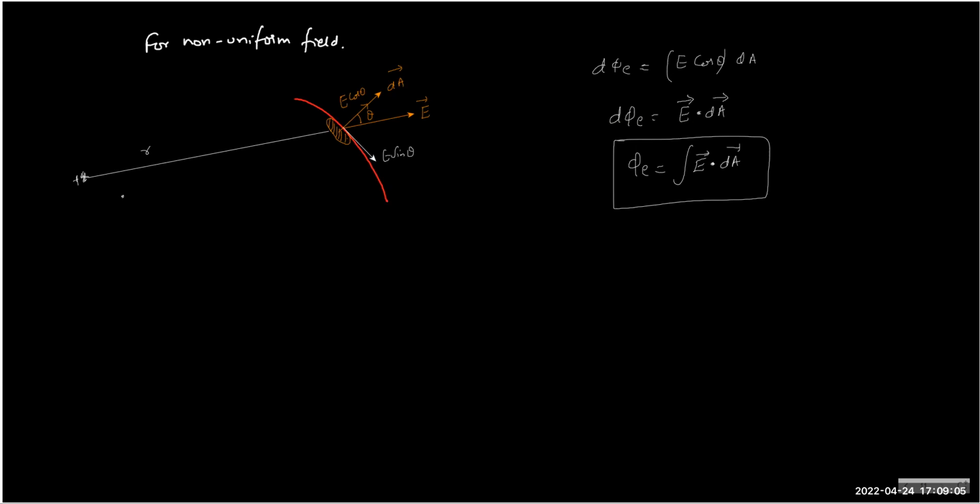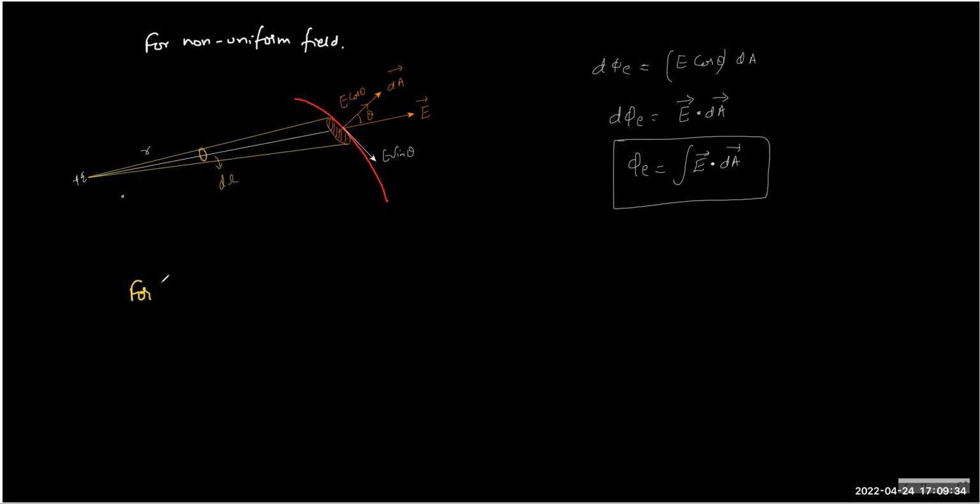And we can also draw this to the end of the surface to get the concept of solid angle, if you remember. So this is, let's say, d omega, the small solid angle.